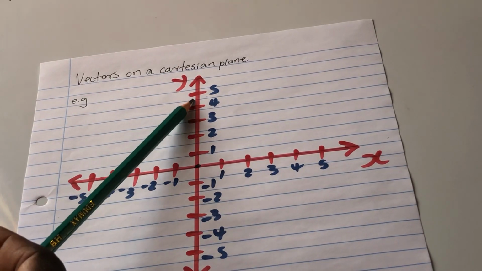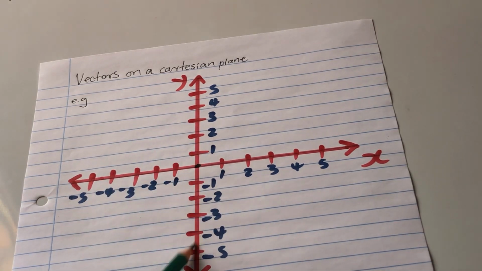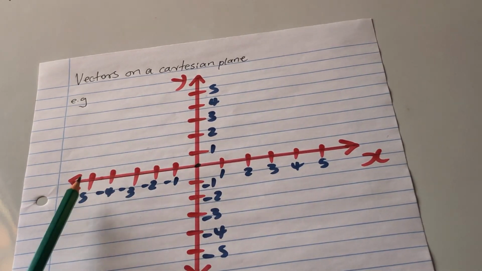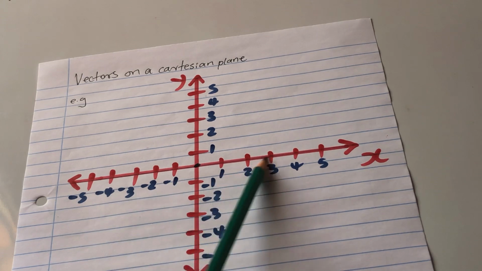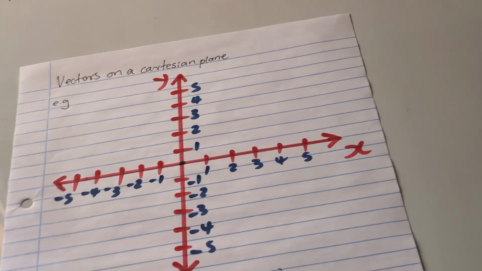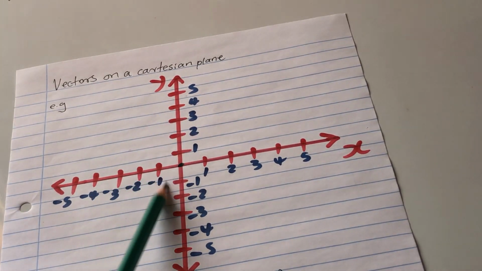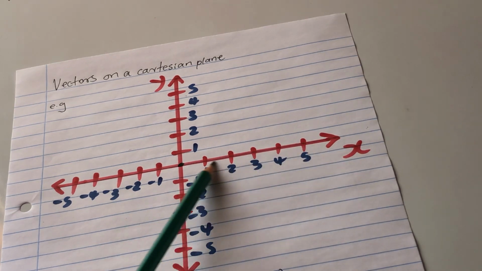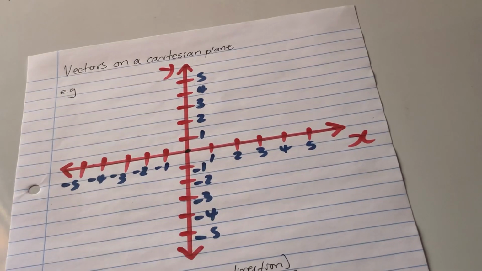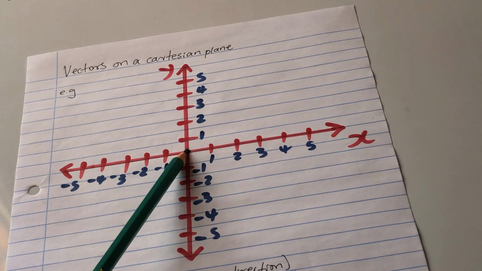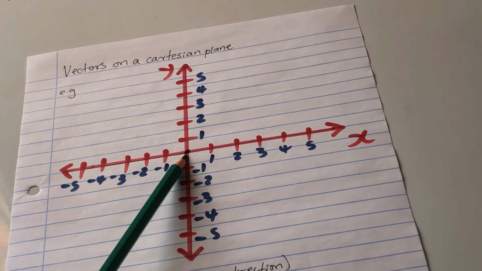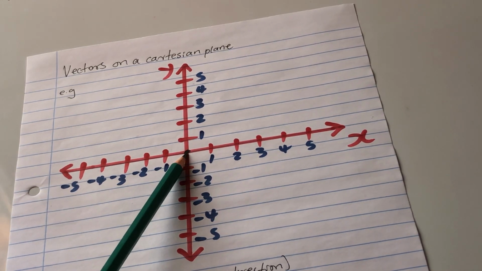This is a vertical line, and this one is a horizontal line. Y-axis, x-axis. From here, where I've pointed at this dot, is the origin.